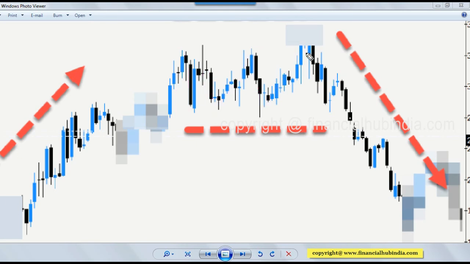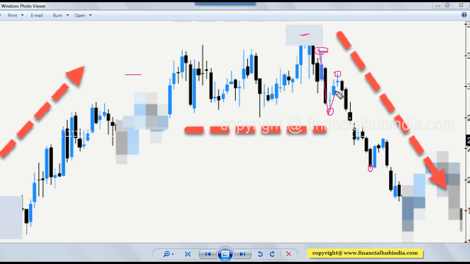And then what happened? Let's assume prices started falling from here, okay. And from here what happened? Price moved down to here, and then moved up till here, and then again till here.